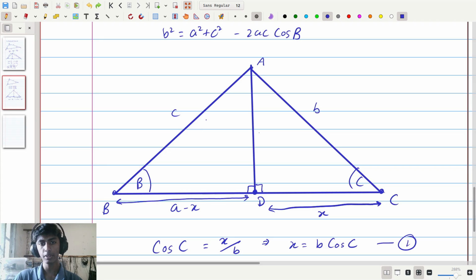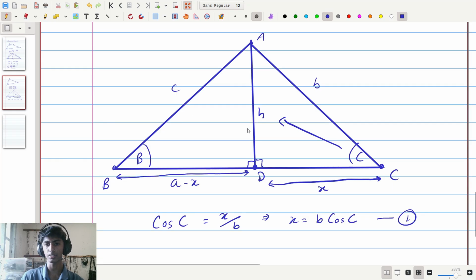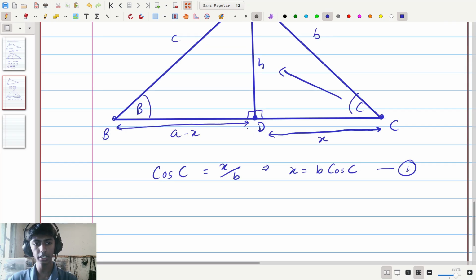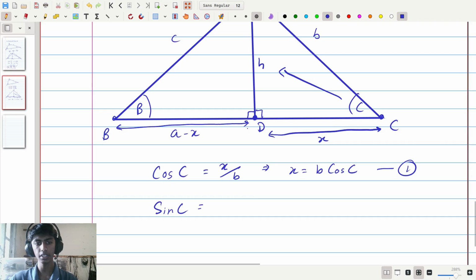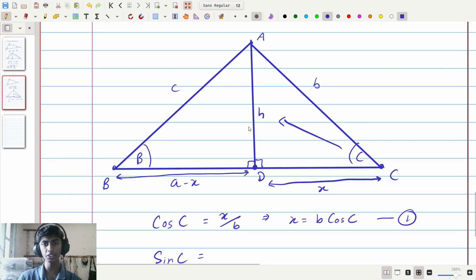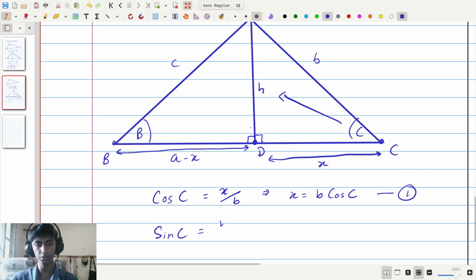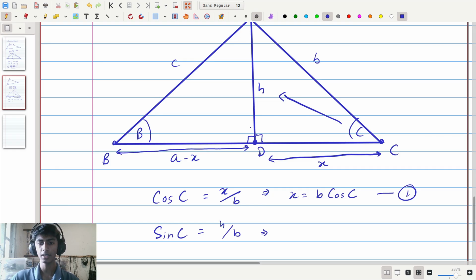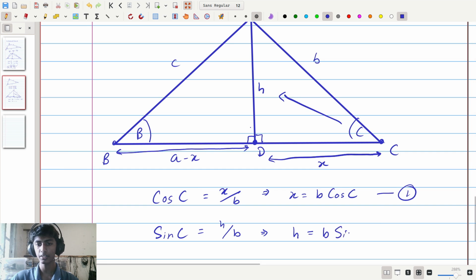Well, if we just temporarily label that h and consider this triangle here, we have that the sine of C is the opposite, which is h, divided by the hypotenuse, which is b. So h divided by b, which then gives us that the side h is b sine C.